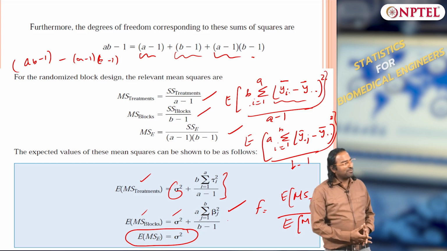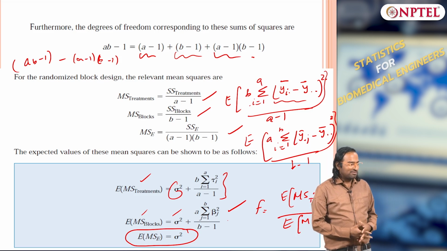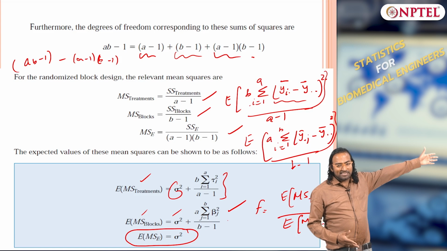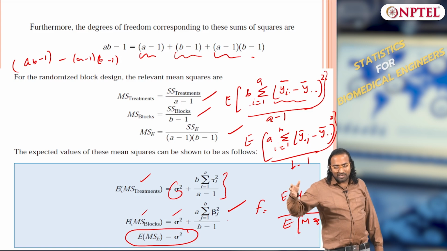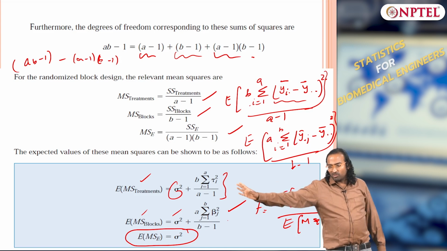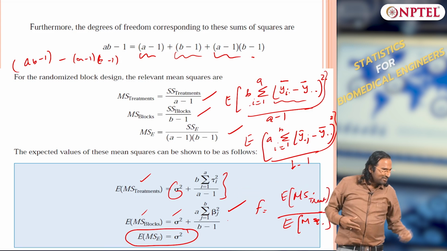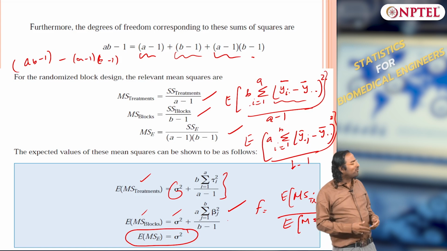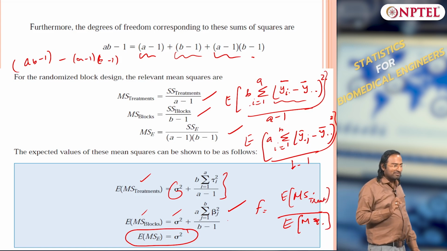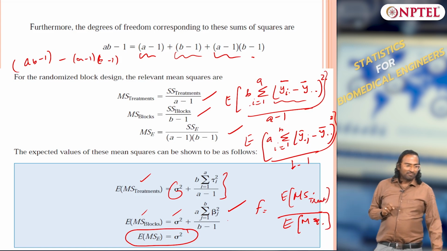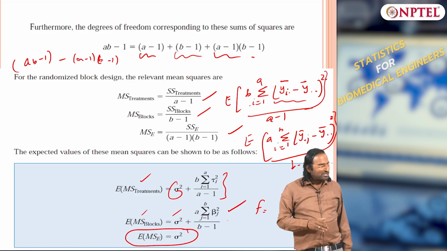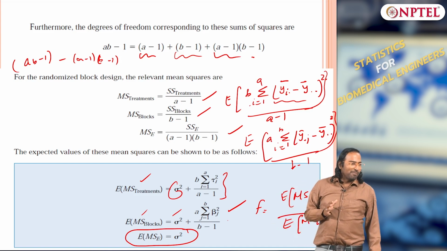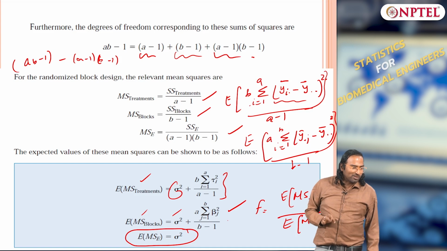Now you say tau i equals 0; you can say all betas are equal to 0, meaning blocking is not even required, and then do hypothesis testing to figure out which blocks are important. That is a possibility. Clear? Like what you did for treatment, you can do for blocks, but remember that it is a nuisance variable you do not have control over.